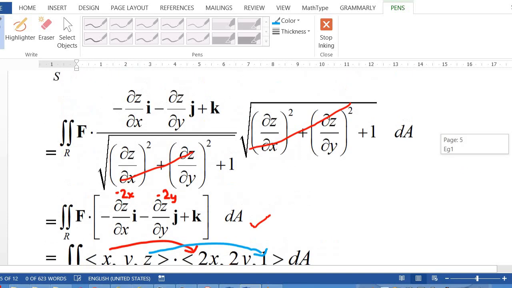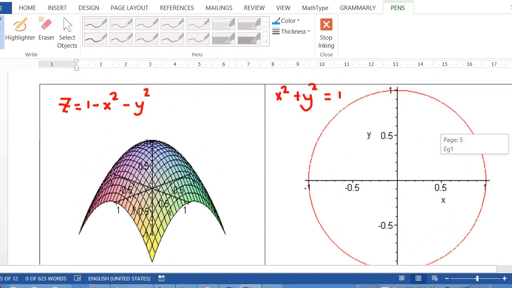Region R, for the paraboloid surface z equals 1 minus x squared minus y squared, is on the xy plane where z equals 0. If you plug in z equals 0, you have 0 equals 1 minus x squared minus y squared, or x squared plus y squared equals 1, which is a circle with radius 1 unit.